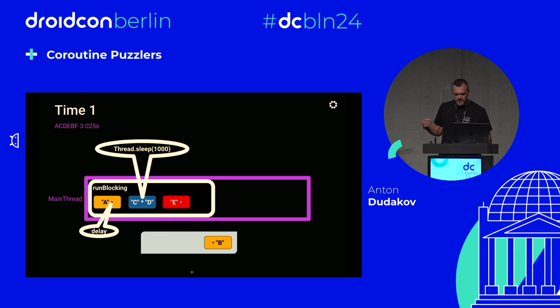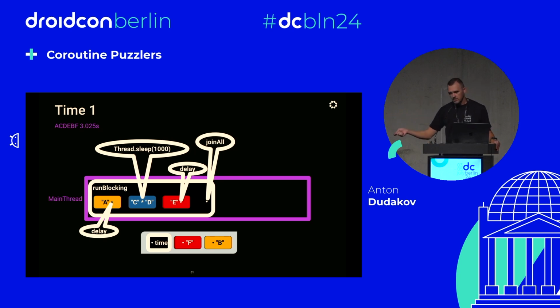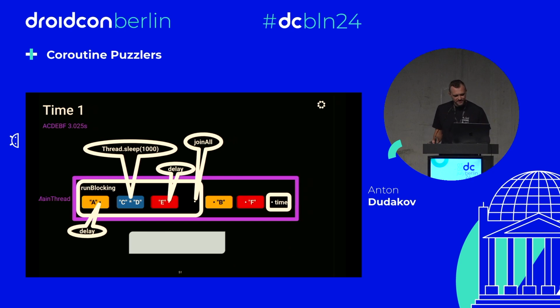Then we launch the last coroutine, which prints E. Then it delays, and of course the rest of the coroutine goes to the queue. And then we call join, and after join we have the println function. And since joinAll is a suspend function, we already know when we suspend, the control goes back to the thread, and it starts running from the queue of tasks and just prints everything else.